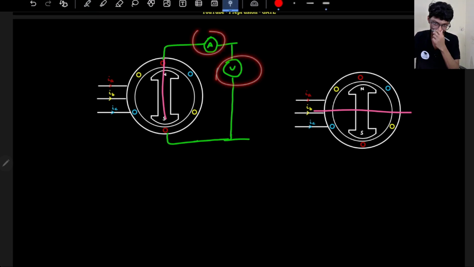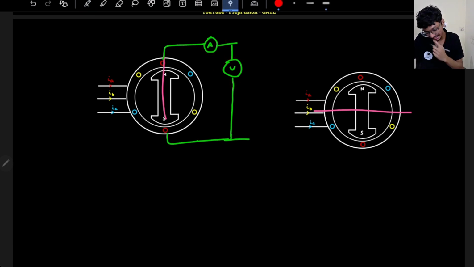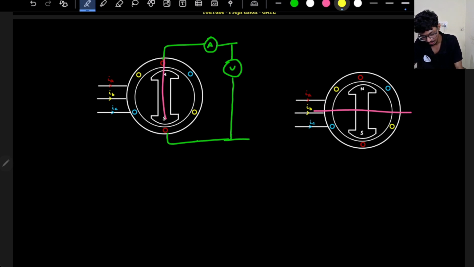So if I'm measuring the voltage and the current, if the rotor is in this position, what will happen? Can you tell me what will happen if the rotor is in here? It will measure the Xd, right? The ratio of voltage by current, it will measure Xd.